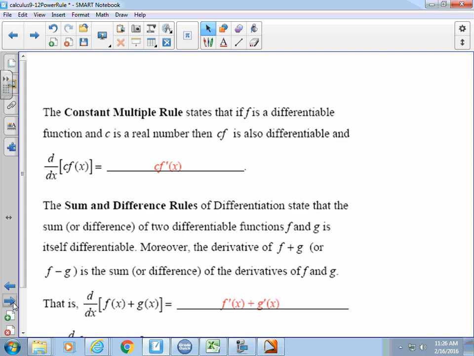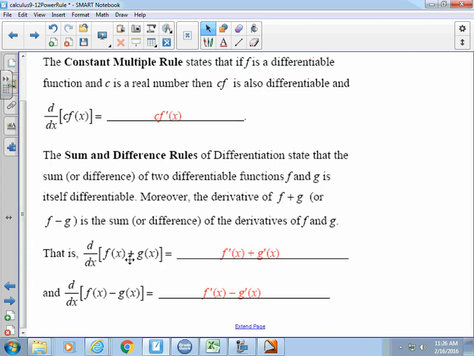Couldn't you just take the derivative of the 5x squared part and the 3x part and add them together? You do them separately. That's what the sum and difference rule says: if you have two things added together, you can take the derivative of each piece and add them together. Same thing for subtraction.